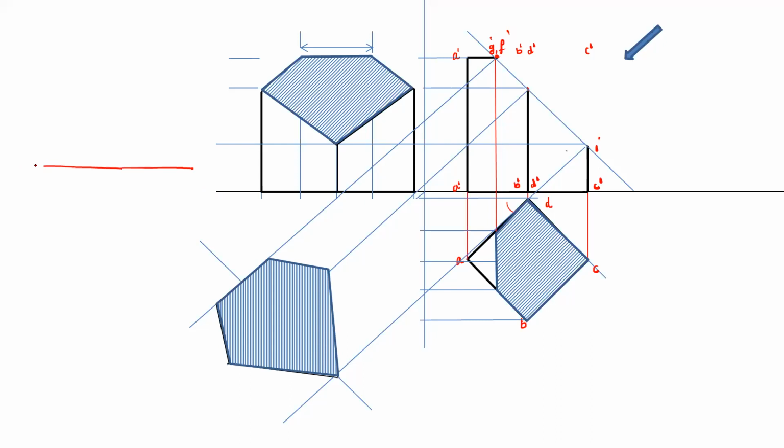Okay, so suppose this point is G dash and F dash, and this is point I dash.